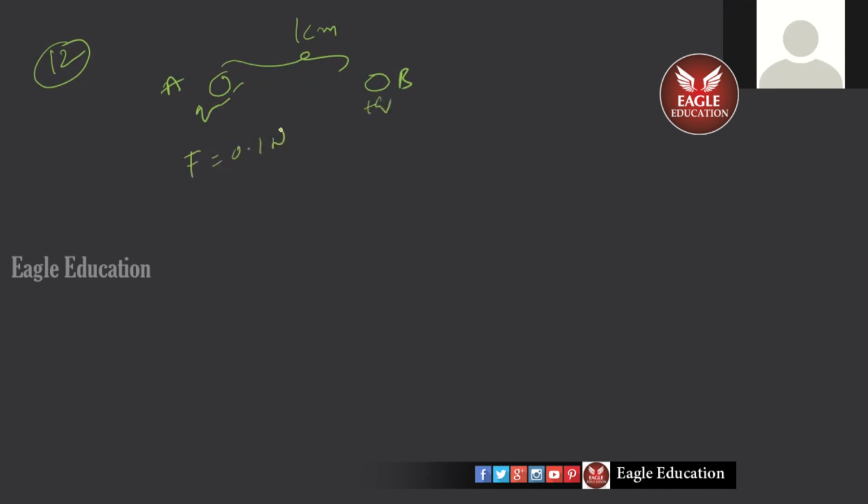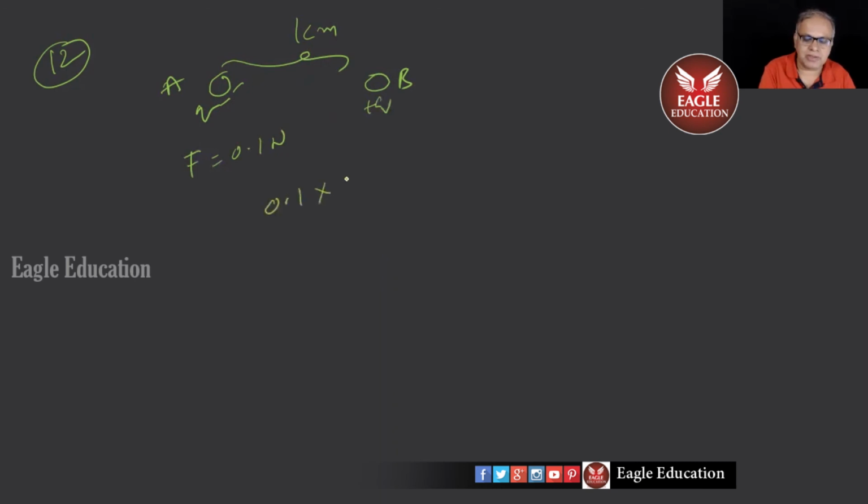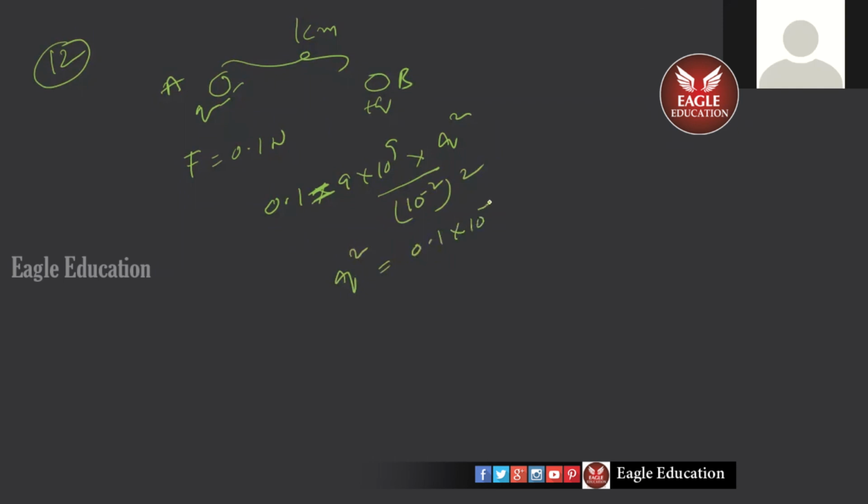The attractive force is 0.1 Newton. So how many electrons were transferred is the question. So 0.1 Newton equals 9 into 10 to the power 9 into Q square by R square, where R is 10 to the power minus 2, whole square.